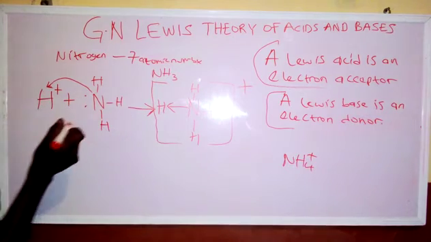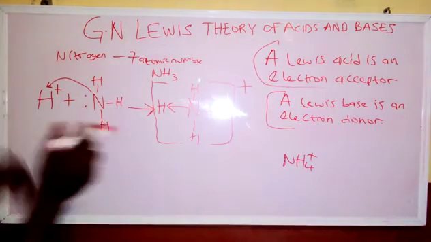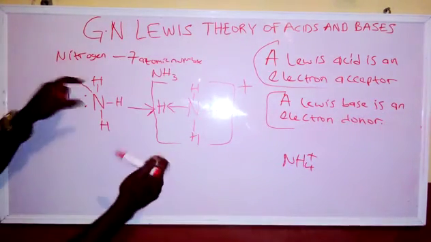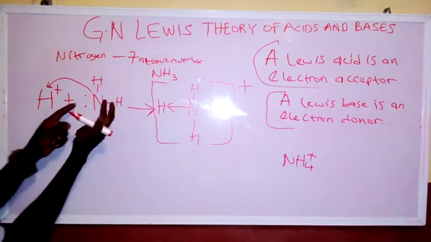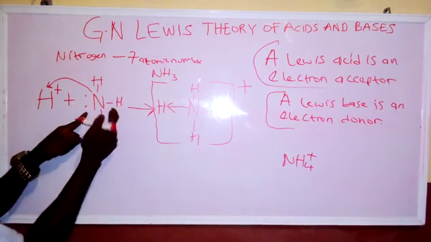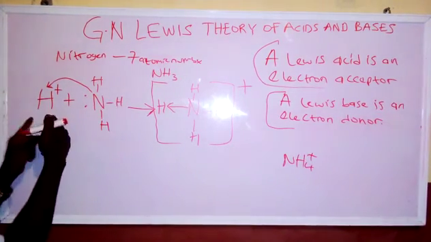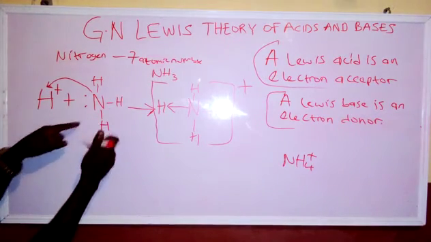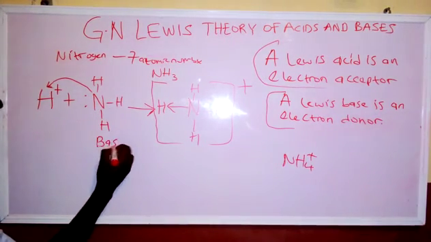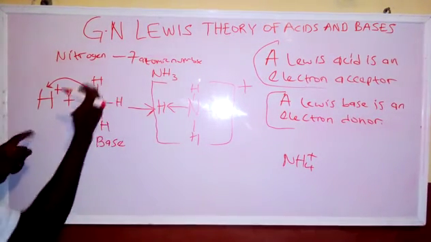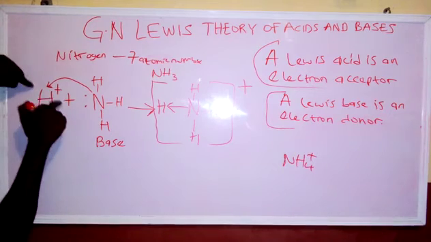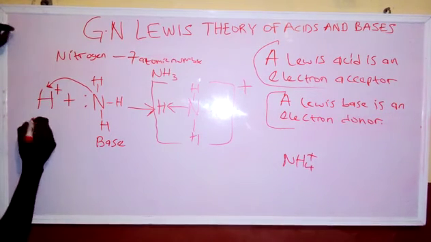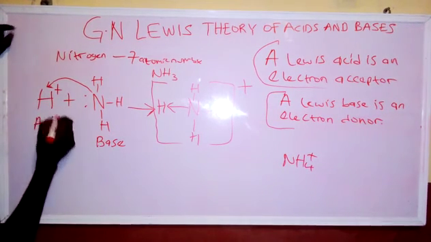Now according to G.N. Lewis, because ammonia is the one donating the electrons to the hydrogen ion, ammonia is actually acting as the base, because it's donating electrons. Because the hydrogen ion is the one accepting the electrons, it is acting as the acid.